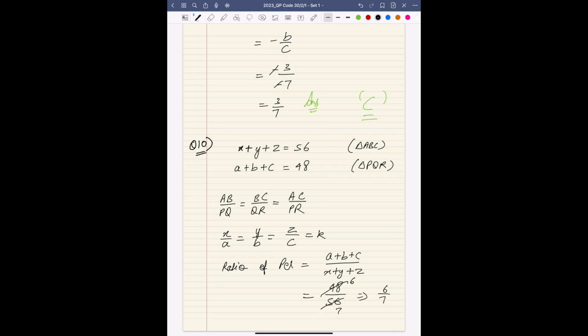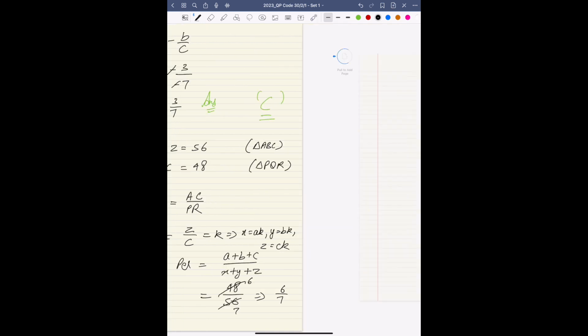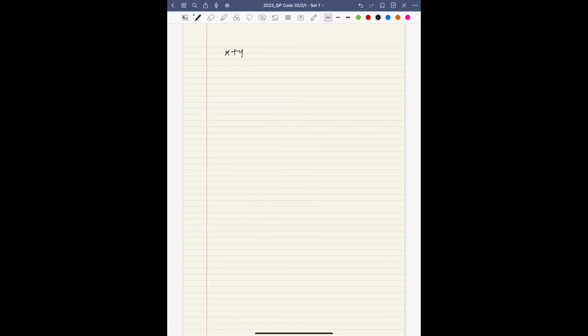And if you want to add, for example, you get x as ak, y as bk, and z as ck. If you add them, x plus y plus z is equal to ak plus bk plus ck.